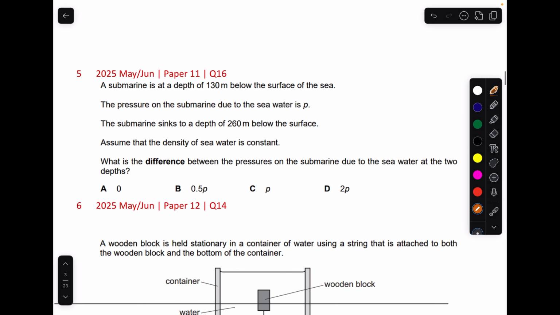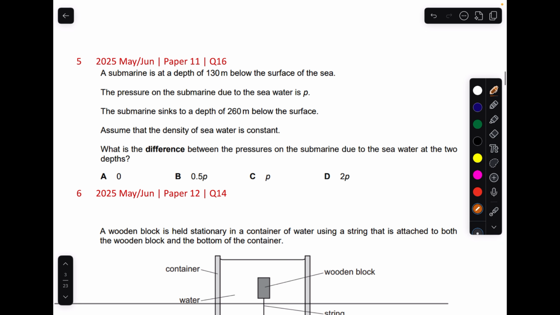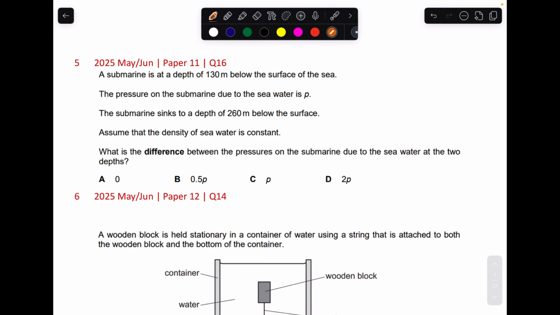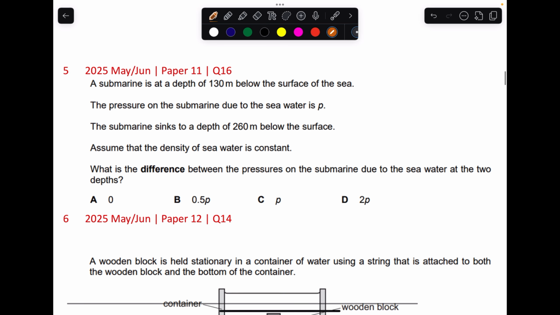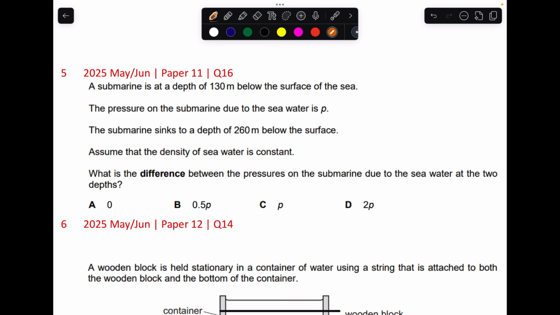And the next question: a submarine is at a depth of 130 meter below the surface of the sea. So you have the depth. The pressure on the submarine due to the seawater is P. Then the submarine sinks to the depth of 260 below the surface.